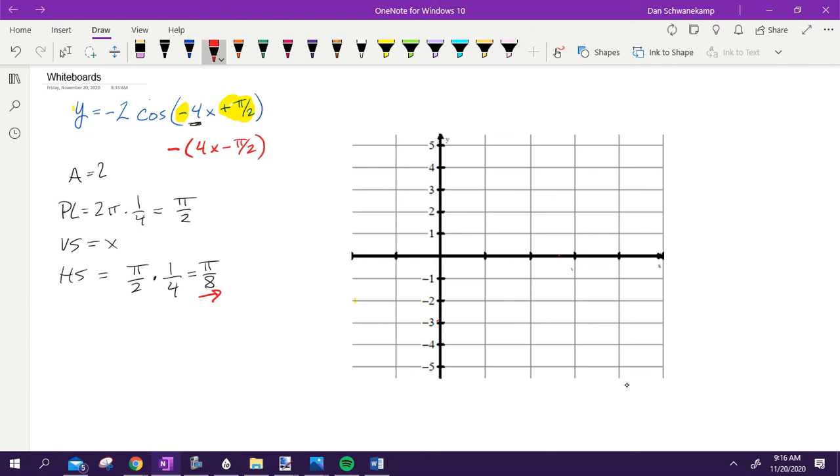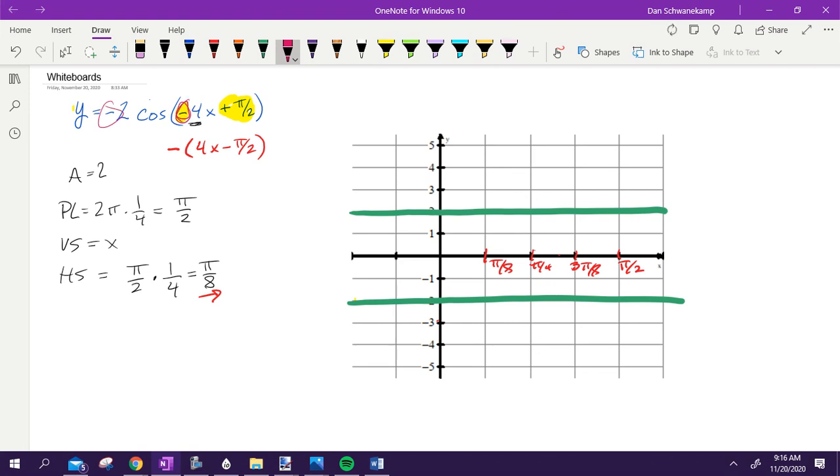Okay, so when I graph this thing, make my 4 hash marks, 1, 2, 3, 4. This one is pi over 2, pi over 4, pi over 8, 3 pi over 8. My amplitude is simply 2, so I'm up 2 and down 2. It's a cosine graph, so normally I would start at the top, but it's negative. This negative, does that flip me?